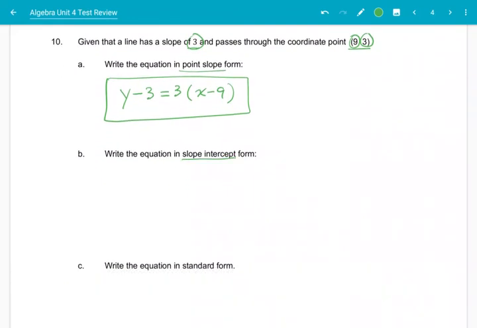Now write it in slope-intercept form. This is y equals mx plus b. So let's just take this and solve for y. Distribute that. That becomes 3x minus 27. And let's add 3 to both sides.